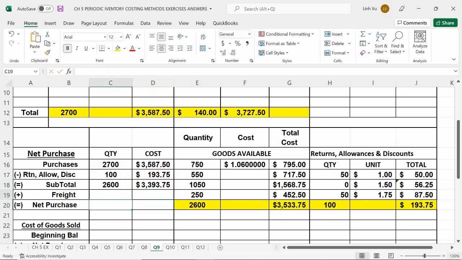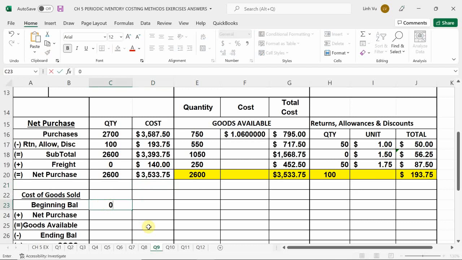And of course, freight adds nothing to quantity, but it does add to total cost. So in this case, I should have a total of 2,600 at a total of $3,533.75.